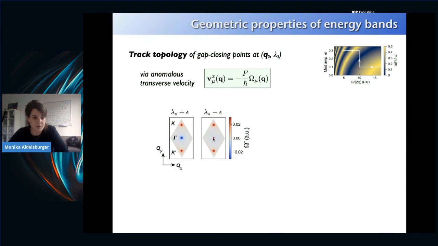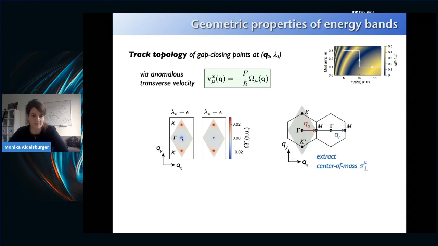And there we see that just before there's a pi Berry flux developing around the gap closing point, which flips sign just after the phase transition point. And this is what we characterize by looking at the anomalous transverse velocity, which occurs in our measurement as a center of mass deflection.